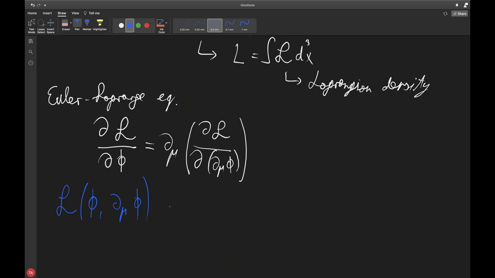Earlier we were doing a discretization of the q and the q derivative, and now we will use the second method, where we are doing integration by parts. So we are doing this integral over 4 dimensions of this Lagrangian, which depends on phi and the derivative of phi.